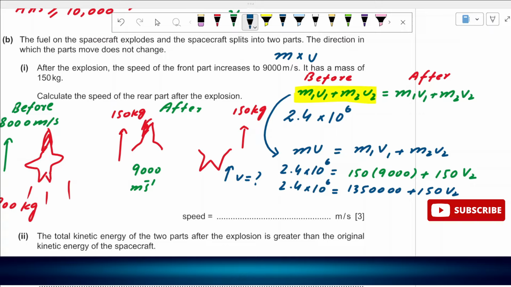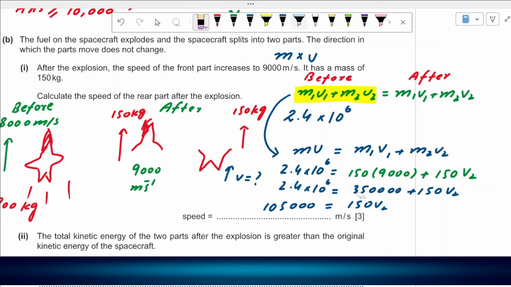What do we do afterwards? 2.4 into 10 to the power 6 minus whatever our initial answer was. It gets 1,050,000. And on the right side, we are left with 150 v2.